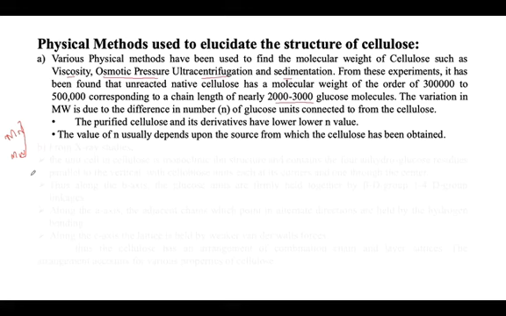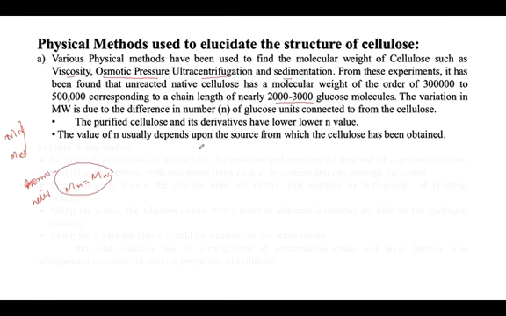We know that the importance of number average molecular weight and weight average molecular weight is that they help us decide whether the polysaccharide present is a homopolysaccharide or a heteropolysaccharide. If the number average molecular weight Mn is equivalent to the weight average molecular weight Mw, we say it is a homopolysaccharide.